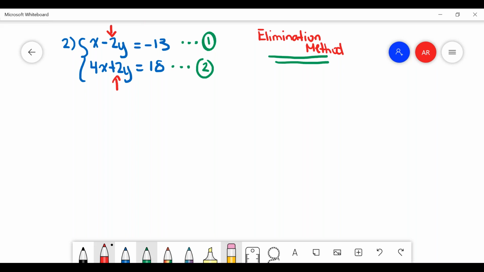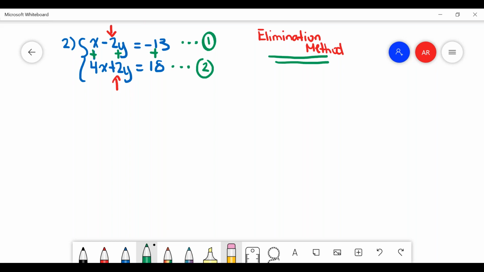As I stated previously, what we need to do for the elimination method is basically add the equations, adding the x values, y values, and the constant values. In order to add them, we need to eliminate a variable so we can easily solve for one variable first and then solve for the other one.